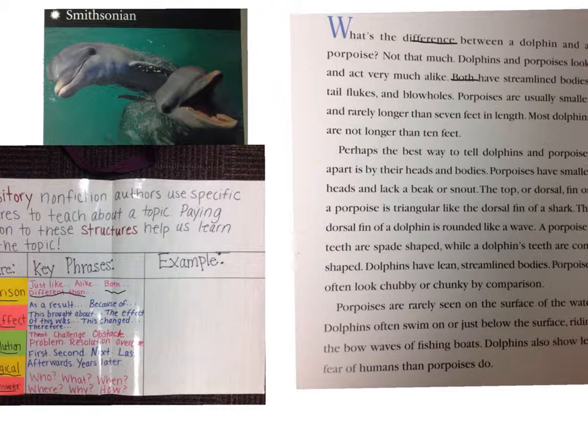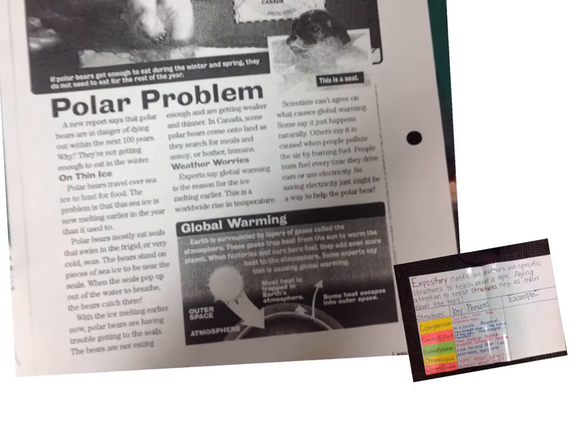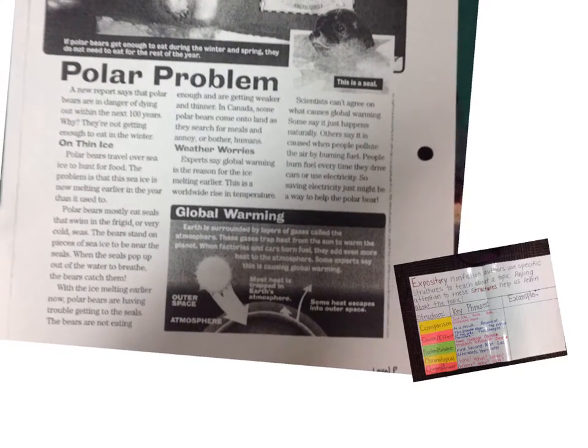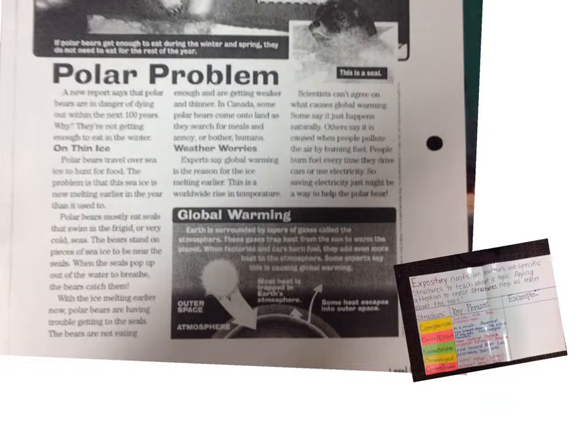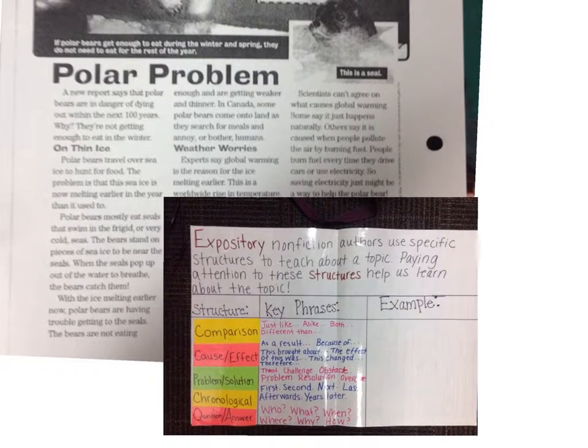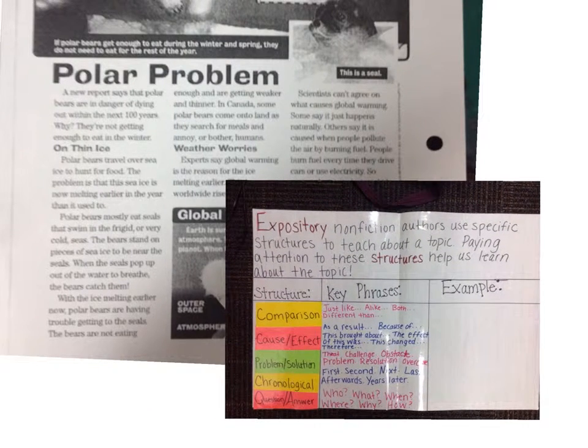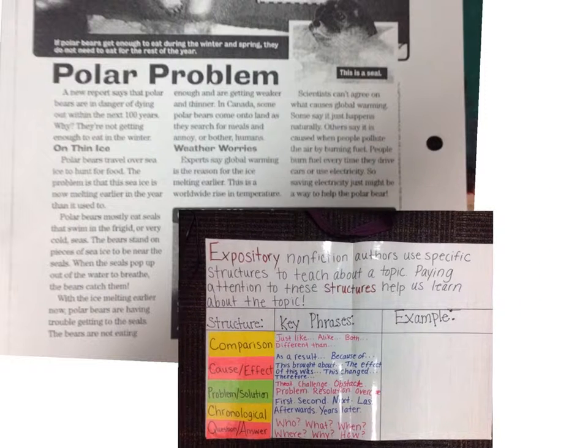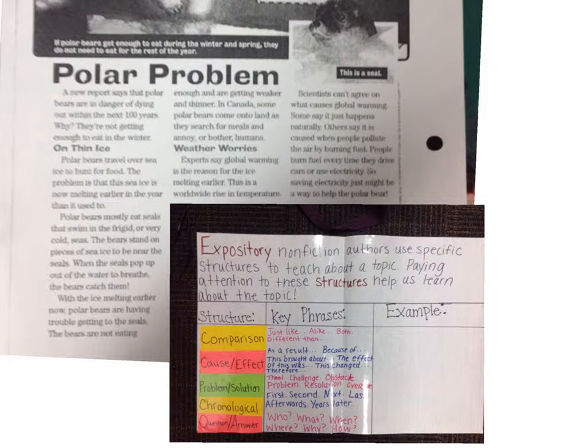All right, boys and girls, now you're going to do it with the article Polar Problem. Let's take a look at your article right now and we'll read it together, remembering that we have certain key phrases that we are looking for to figure out what the text structure is.